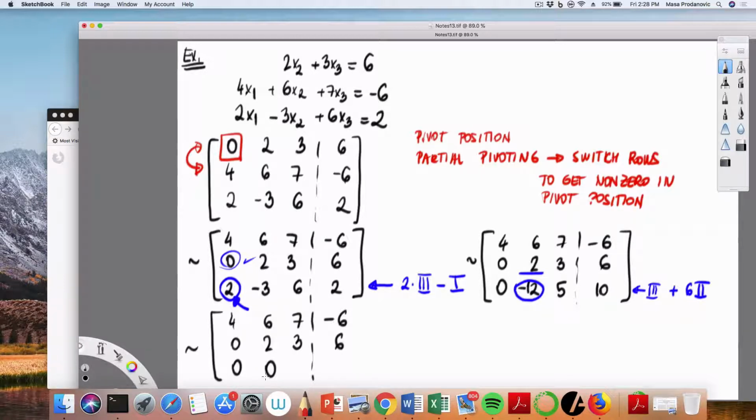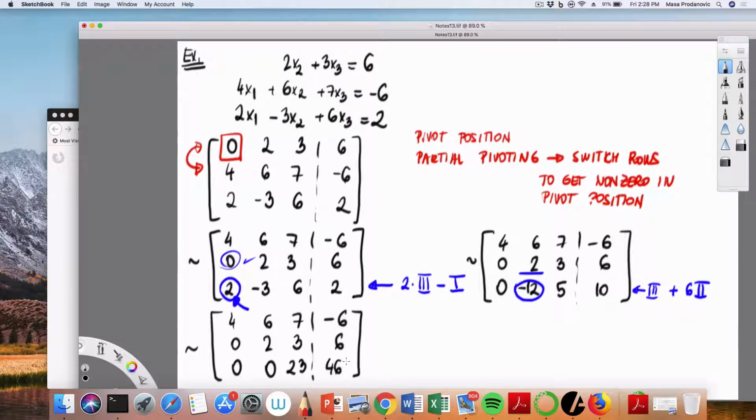So this is 0 as anticipated, so 5 plus 6 times 3 is 23, somebody says, I'm going with it. And then I have 10 plus 6 times 6. Looked for a moment that the numbers wouldn't be good, but luckily, when I divide by 23, life is easy.